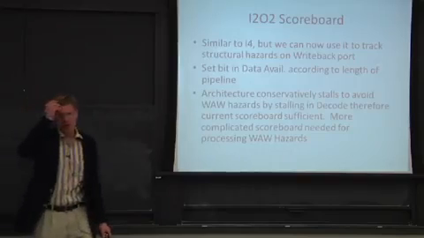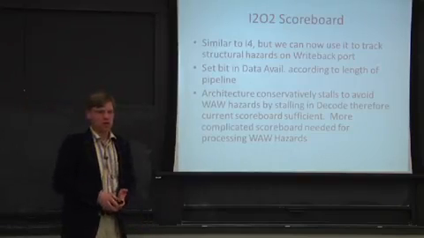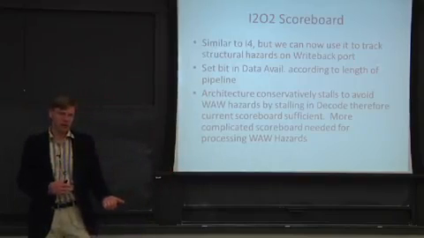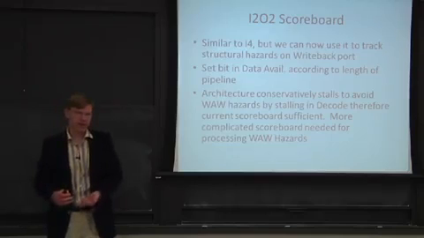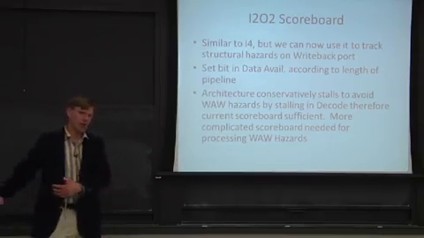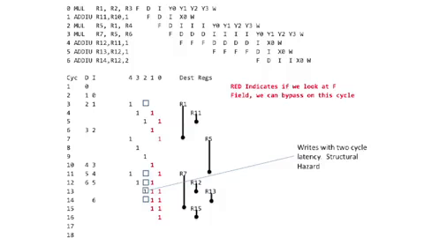OK, so let's go through an example of how to use the scoreboard and how to walk through an in-order fetch, in-order issue, out-of-order execute, out-of-order write back, and out-of-order commit processor. So here's the same code sequence we had in the previous example case. We're going to be using this throughout all of class.